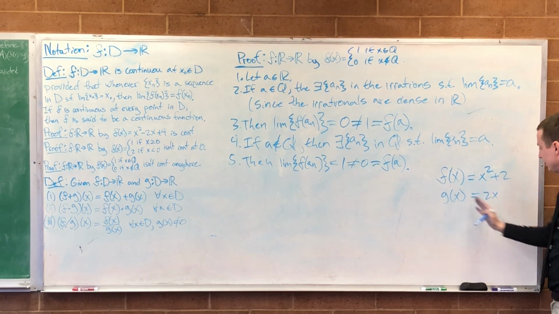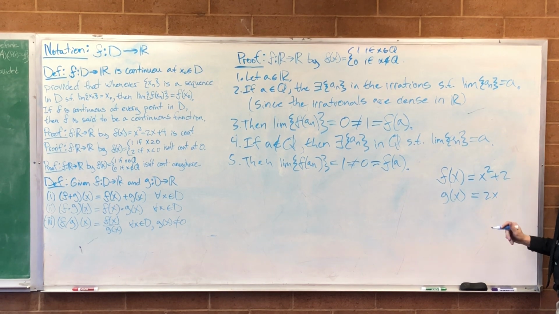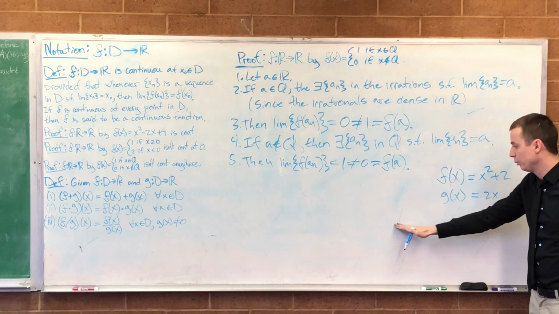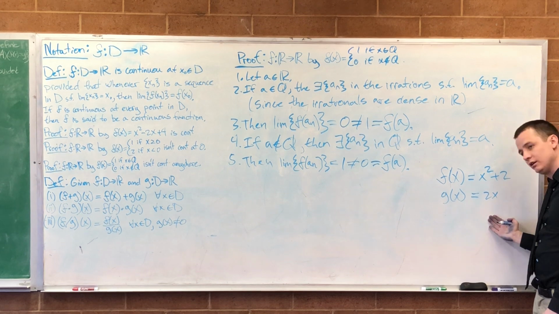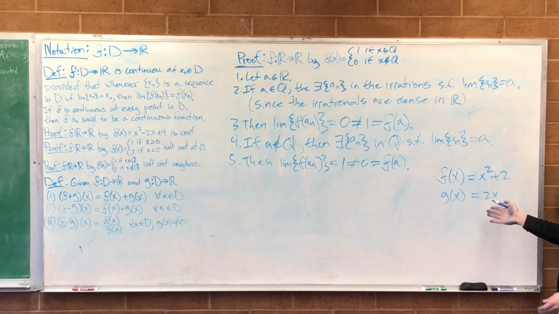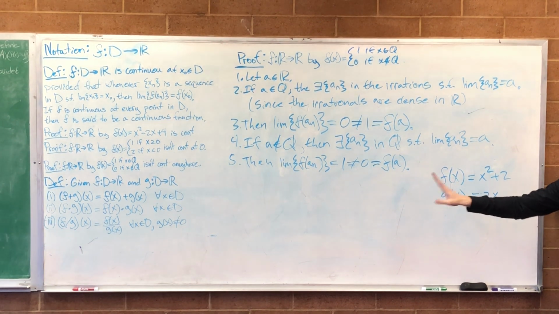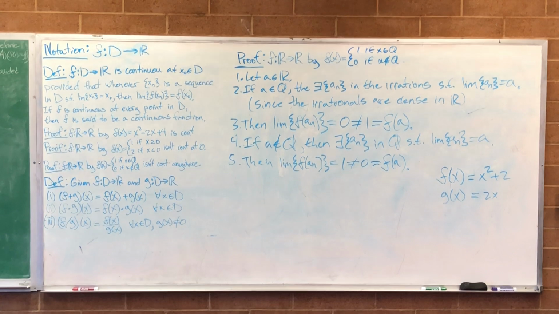You knew how to do f of x times g of x, you just multiply those. And you knew how to do f of x divided by g of x. But you had to do something special when you divided. You said where this isn't 0, so you had to restrict the domain to all the points that aren't 0. And then this worked. You remember doing stuff kind of like that? So that's all we're talking about there. This isn't anything new that you haven't come across before. It's just for the sake of making sure we define everything we're talking about.